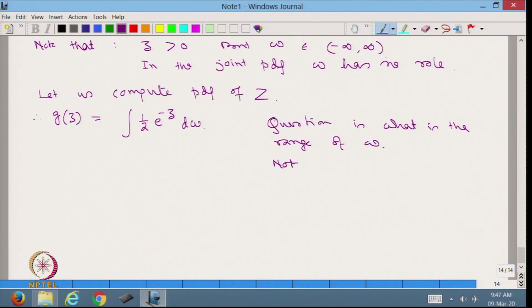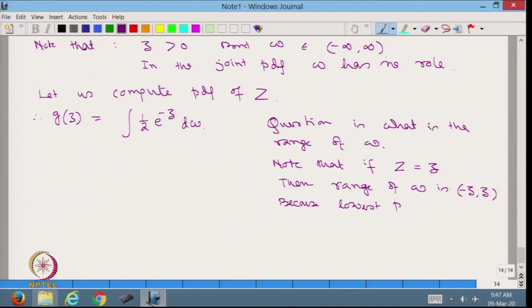Note that if z is equal to z, then range of w is minus z to z, because the lowest possible value for w is when x is minimum and y is maximum.